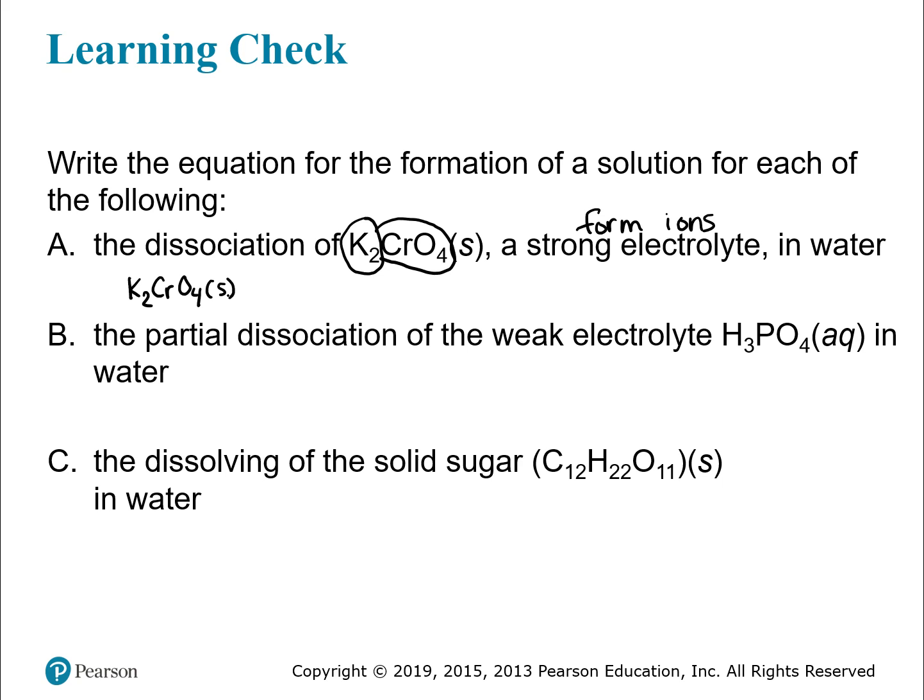So if we had a solid and we added our water, we would get 2 potassium ions, because remember that the subscript means that there are 2 potassiums here. So we're going to get 2 potassium ions, and we're going to get the chromate ion.